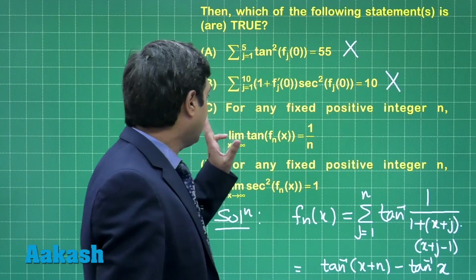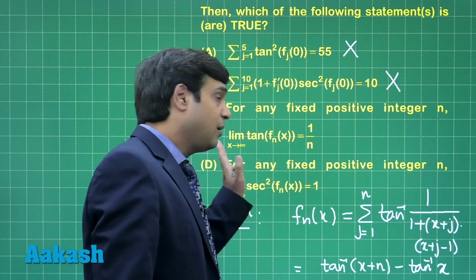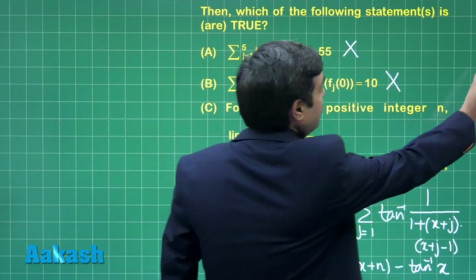C and D are talking about tan fn(x) under the limit x approaching to infinity. So let's talk about this part.